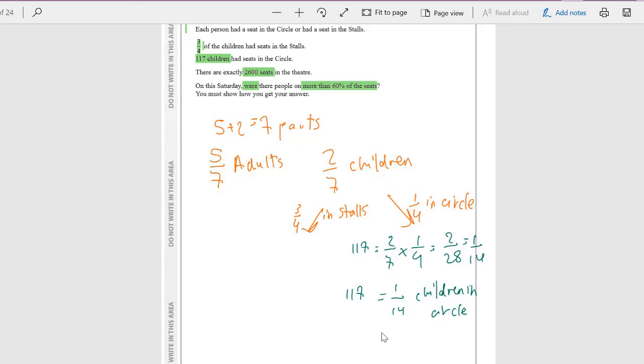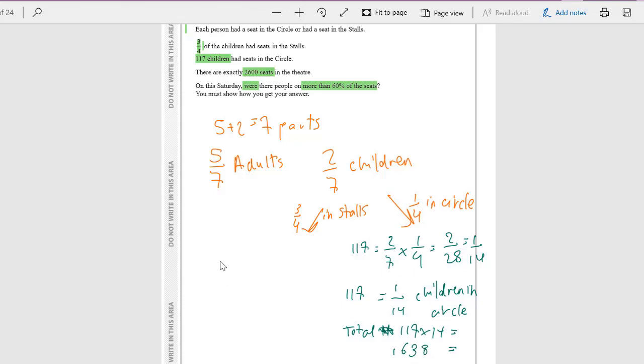So that means that if we want to find out the total number of people, then it's going to be 117 times by 14, which gives 1,638.